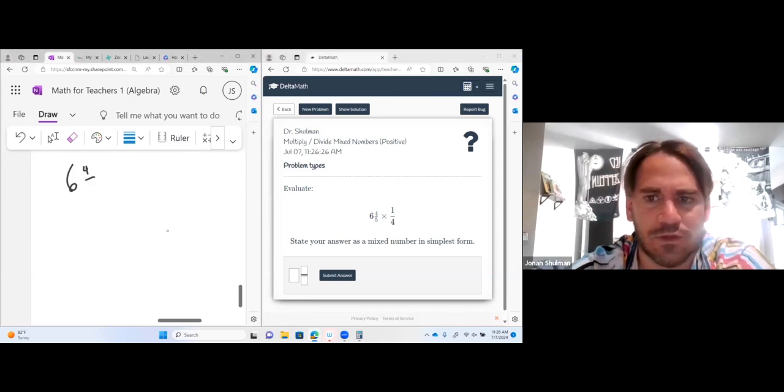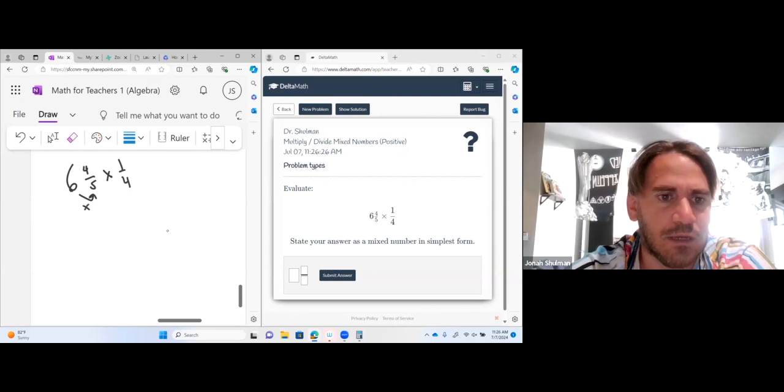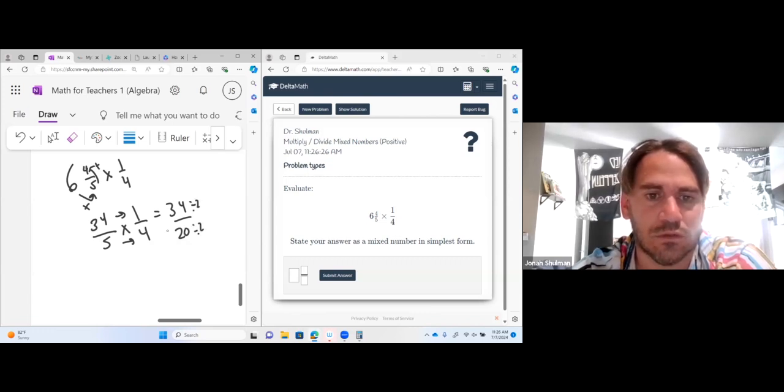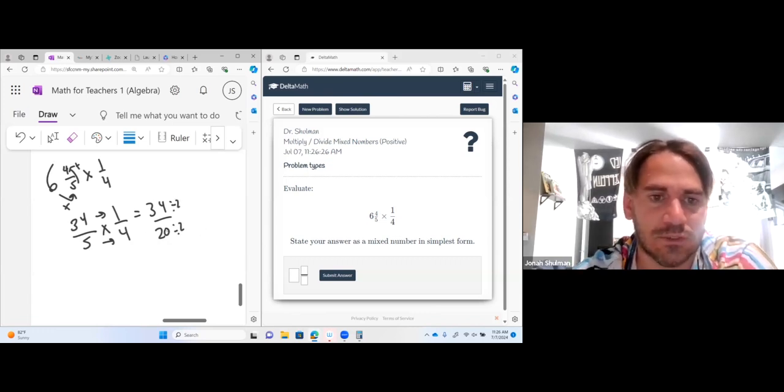Cool. So here we go. 6 4/5 times 1/4. You multiply the bottom, you add the top. So that's 34/5 times 1 over 4. So it's 34 over 20. Divide by 2. And you get 17 over 10.